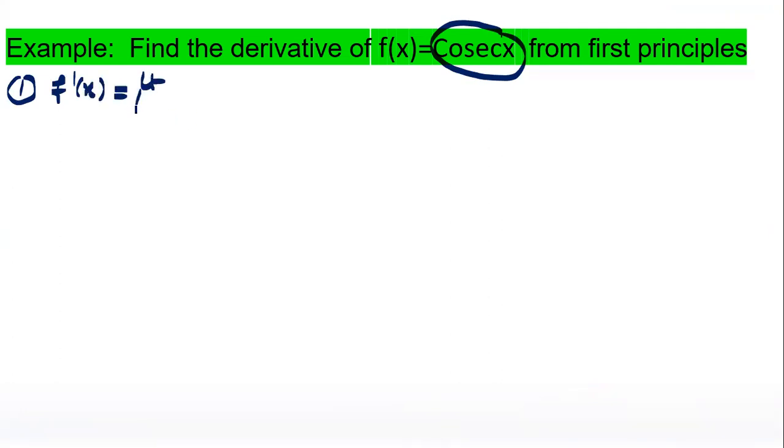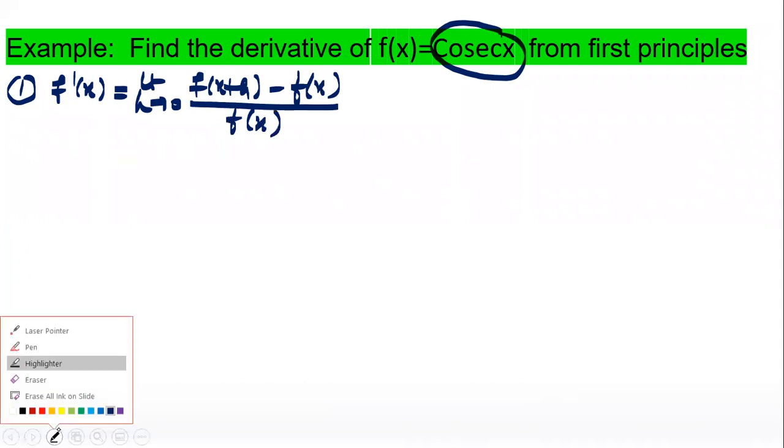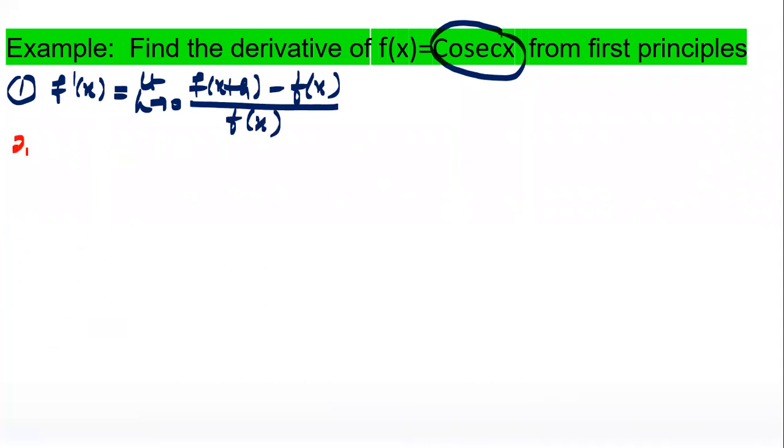Limit h tends to 0, f(x+h) minus f(x) upon h. Second step is we will substitute the value of f(x) and f(x+h).